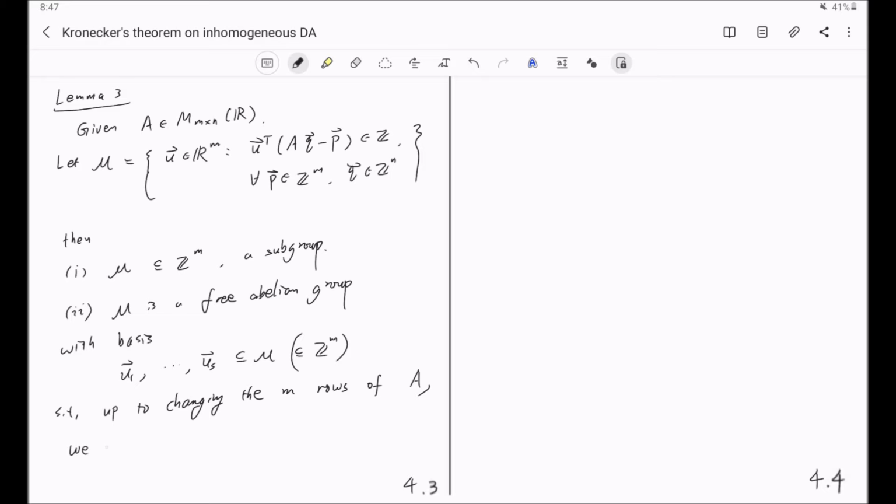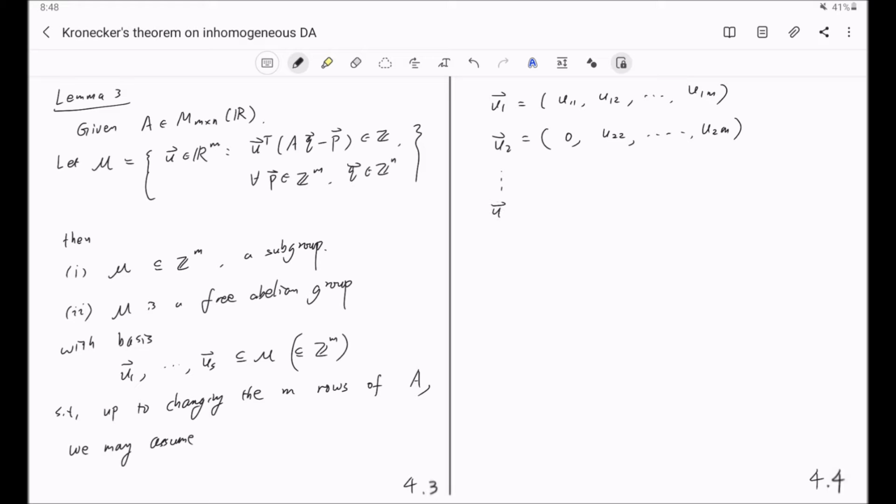We may assume that u1 is a vector with components u11, u12, all the way through u1m. And u2 is a vector whose first component is equal to 0 and second component is u22, all the way to u2m.